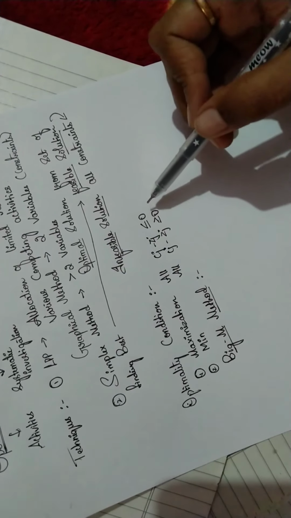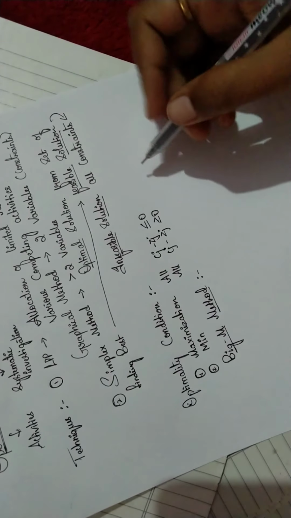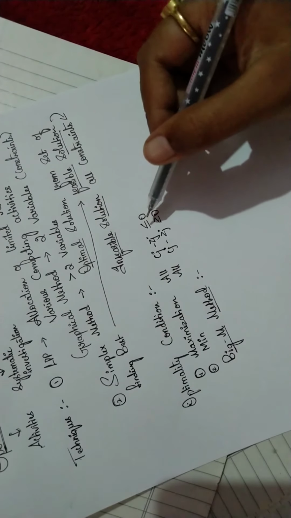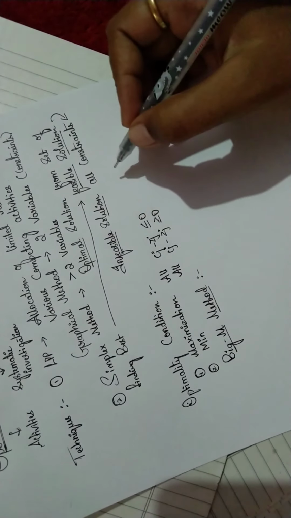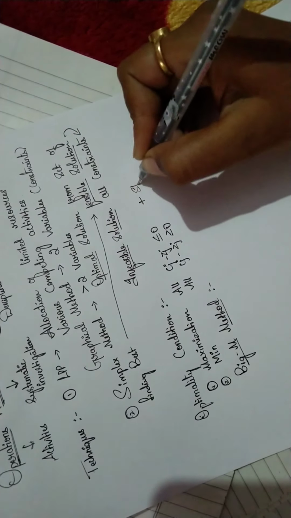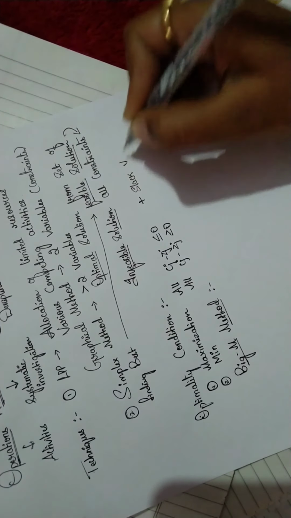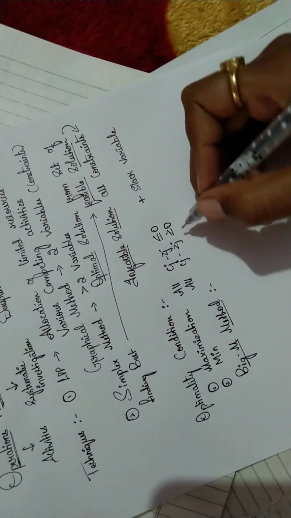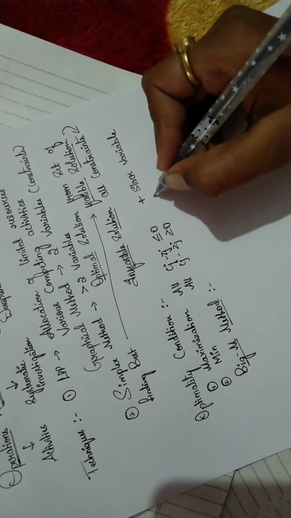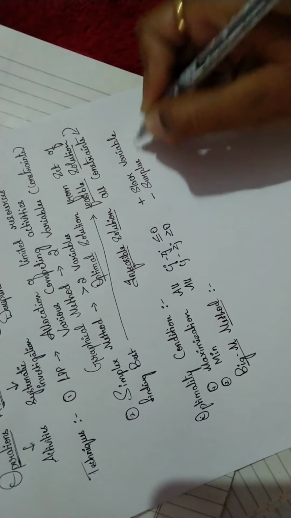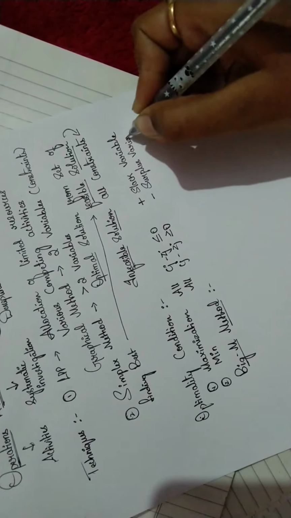And in case of normal simplex method, whenever we come across a less than or equal to symbol in a given equation, we go for adding a slack variable. And when we come across a greater than or equal to symbol, we deduct a surplus variable from the given equation.